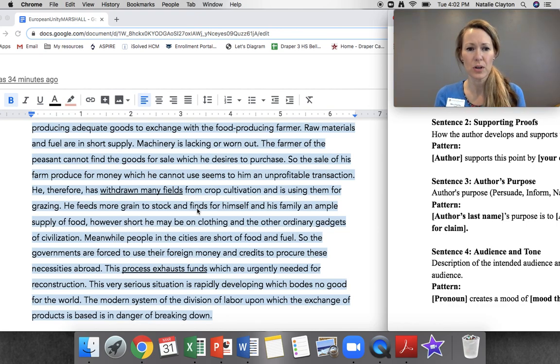So we have a bunch of things in between. What we're going to do here is take a look at this and say, Europe's in a dire situation. The situation is basically from farmers who have withdrawn their fields to the lack of trade that created a process that exhausts funds.